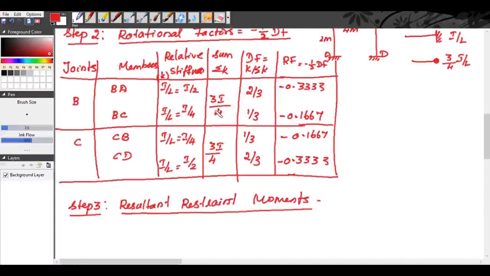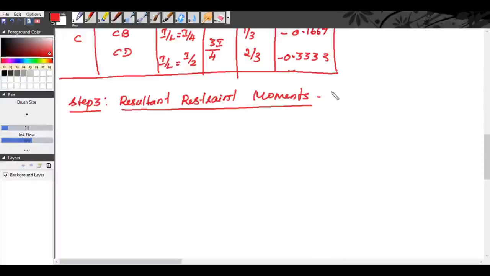Now, resultant restrained moments, we know it is the summation of all the fixed end moments meeting at a joint. So we have two intermediate joints B and C. So we have the resultant restrained moments at joint B and the resultant restrained moments at joint C. It is represented by MF.